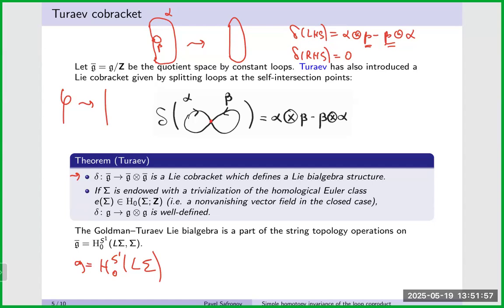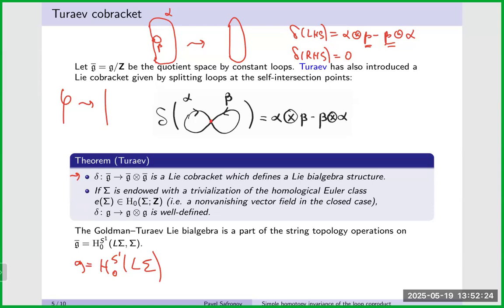So this also extends to the representation spaces, the representation varieties that you mentioned. The Goldman bracket captures the Poisson bracket of the representation varieties. The geometric meaning of the Turaev co-bracket is somewhat subtle.